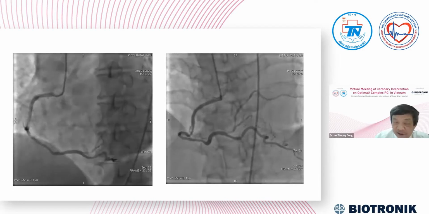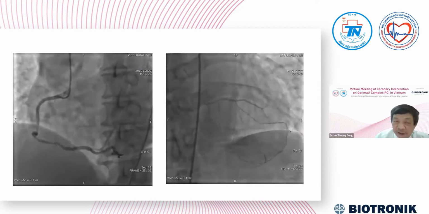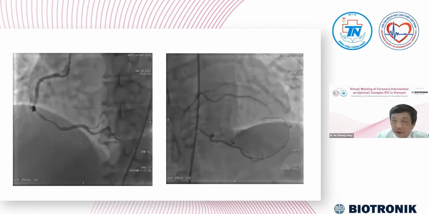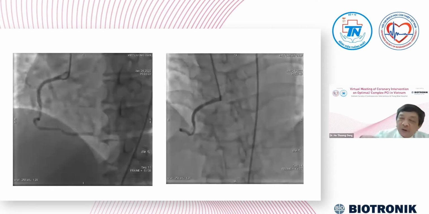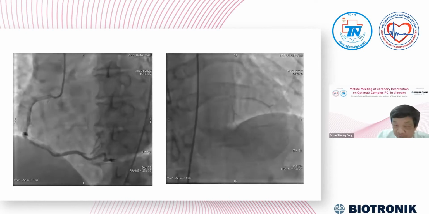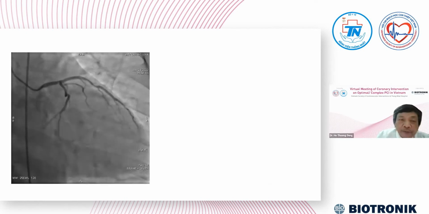Of course, it's very difficult because it's very tortuous and it already has a proximal stent. So we must go over the stent to the mid and distal RCA.